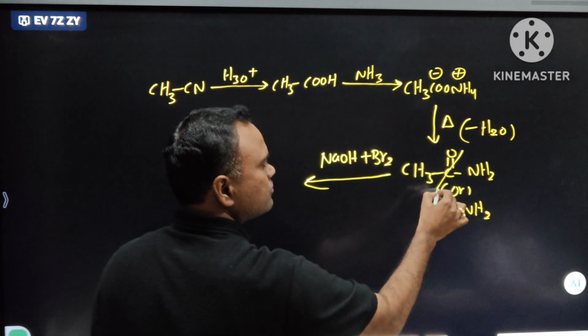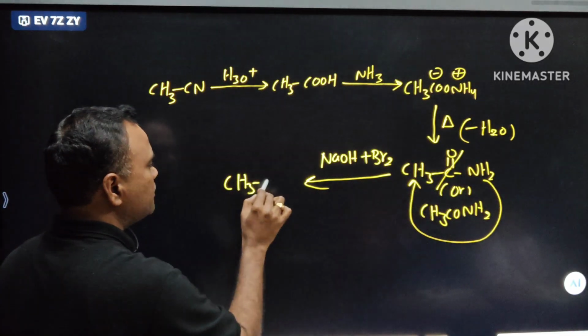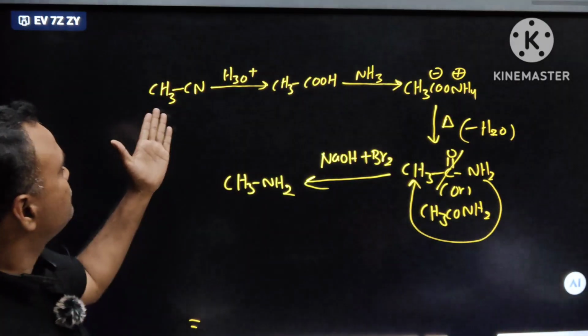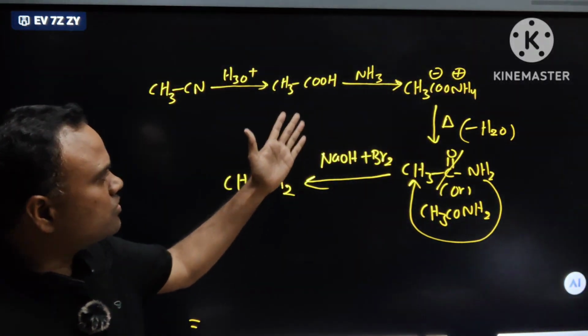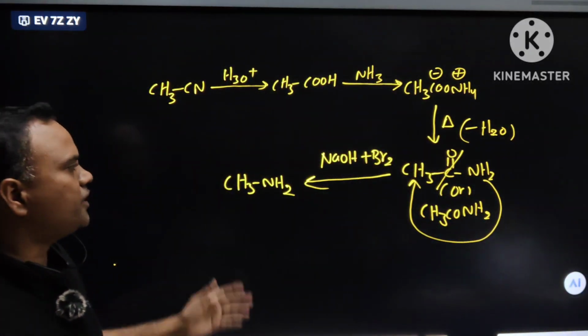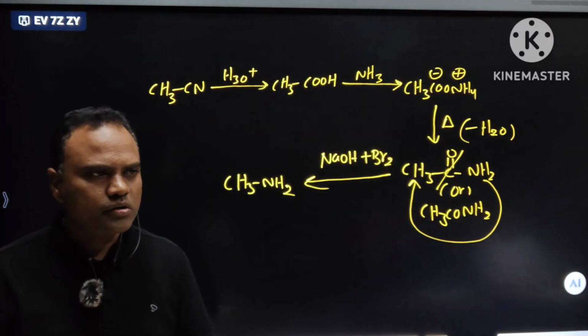Cut this and attach NH2. So methylamine or methanamine. See, cyanide to acid, acid to ammonium salt of carboxylic acid, to amide, to amine. Indirect question. Okay.